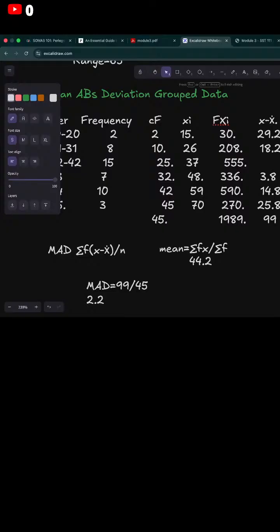If you don't arrange this well, it messes us up. So we do frequency times this. So 2 times 29.2, we should get 58.4.